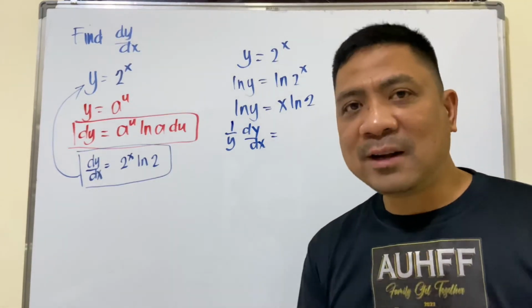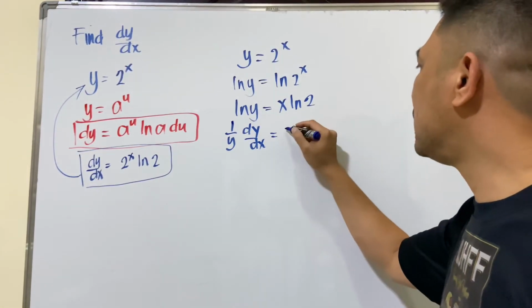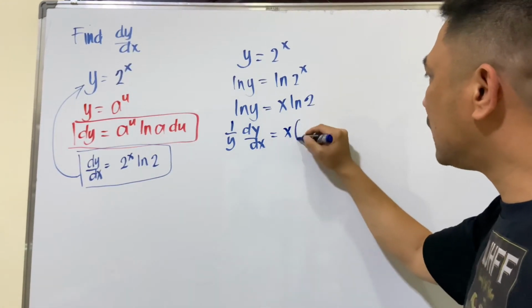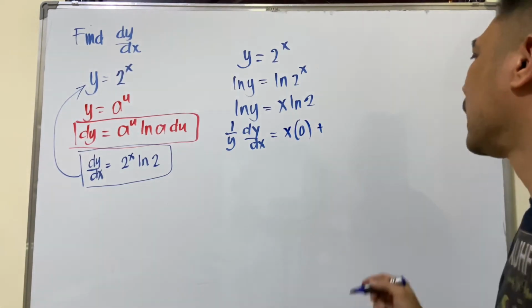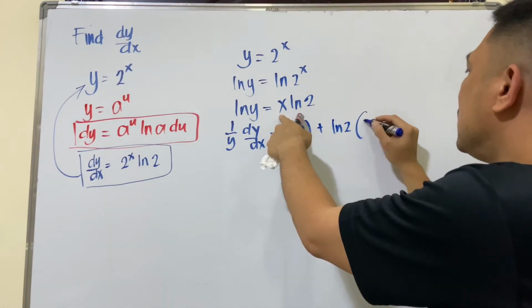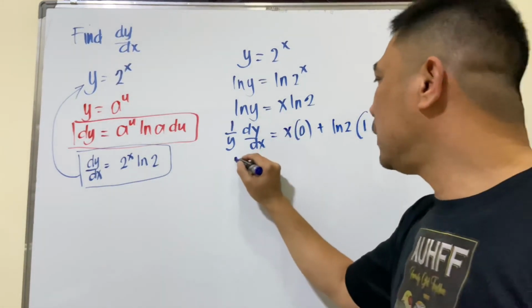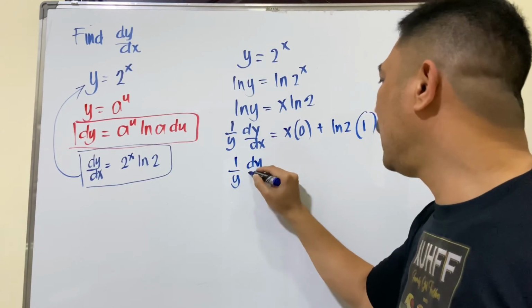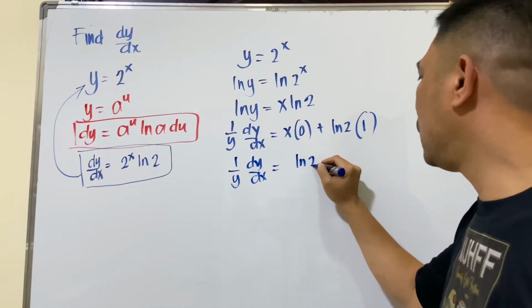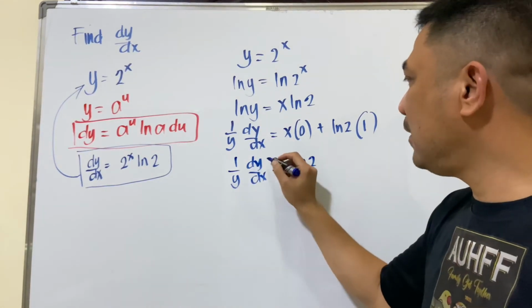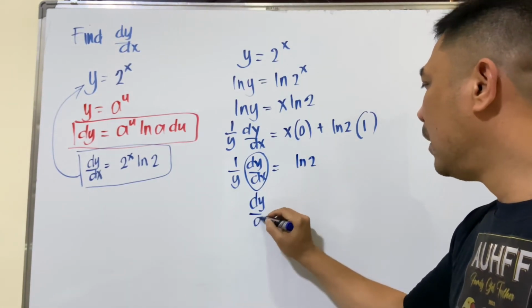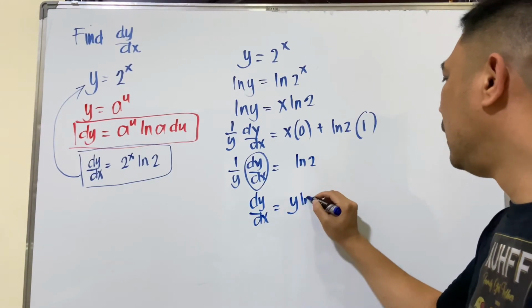If you recall from our previous episode, if x is your u, times the derivative of ln 2, this is constant so that is 0, plus v, ln 2, times the derivative of x, which is equal to 1. In other words, 1 over y dy over dx is equal to ln 2. But we need to find dy over dx only, so you can cross multiply y there, so dy over dx is equal to y ln 2.